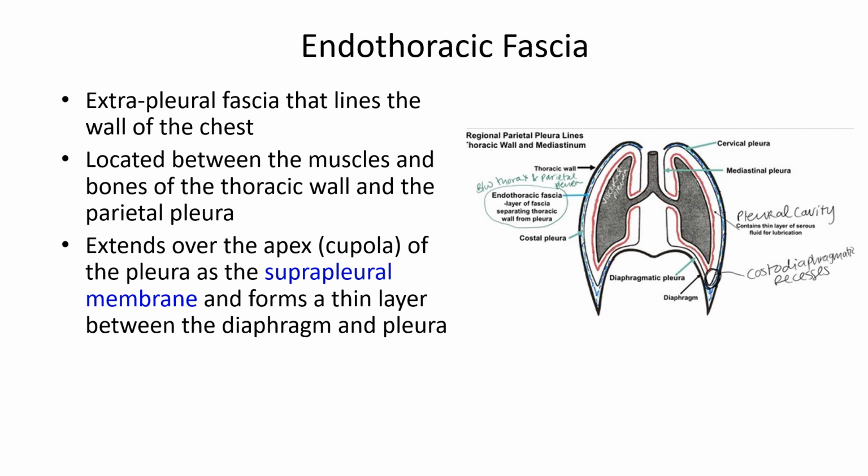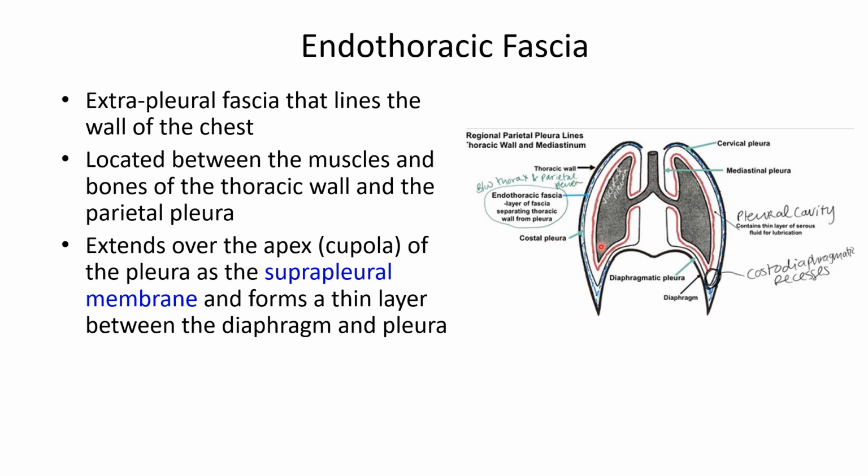Coming to the endothoracic fascia. It's an extrapleural fascia that lines the wall of the chest. It is located between the muscles and bones of thoracic wall on one side and the parietal pleura on the other side. This is the pleura, and you can see the thoracic wall, muscles and bones.